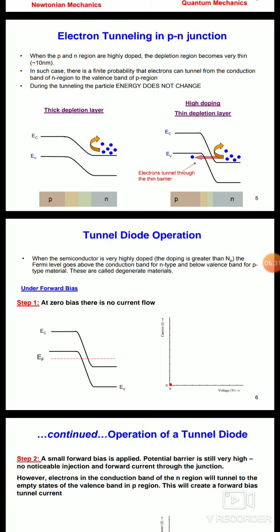According to quantum mechanics, the electrons will directly penetrate through the depletion layer if the depletion width is very small. The depletion layer of the tunnel diode is very small, on the order of nanometers. So the electrons can directly tunnel across the small depletion region from the n-side conduction band into the p-side valence band.